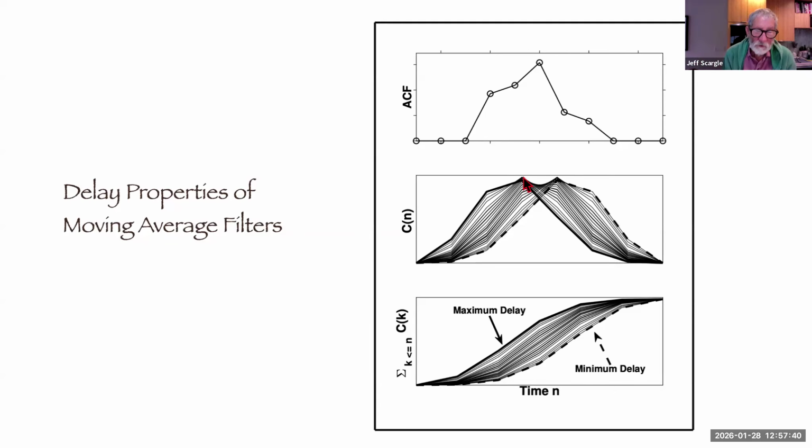You can factor pulse shapes or autocorrelation functions into convolutional products where each one is what I call a dipole, and the different members of this family correspond to reversing those dipoles in time, one by one, or any combination. So in this case, there are 5 dipoles, and so there are 2 to the 5th ways of combining them, reversed in time or not. So that's the origin of the degeneracy. It's the same as in the power spectrum. There's a whole bunch of curves that have the same power but different phase.